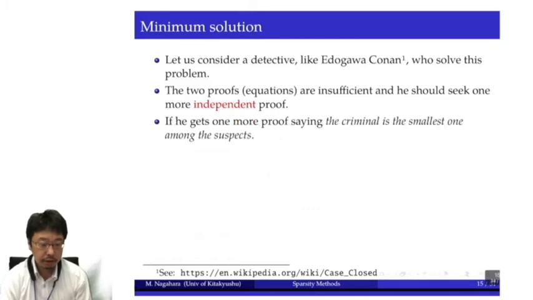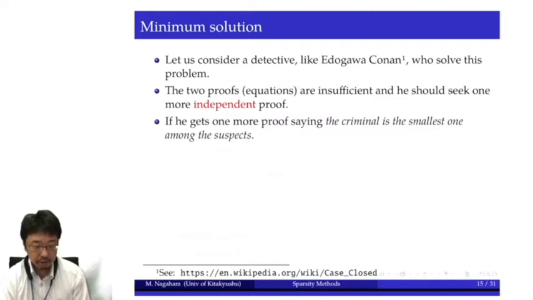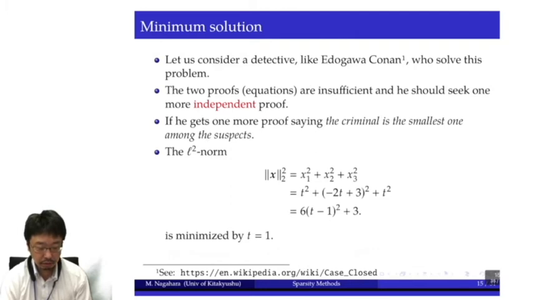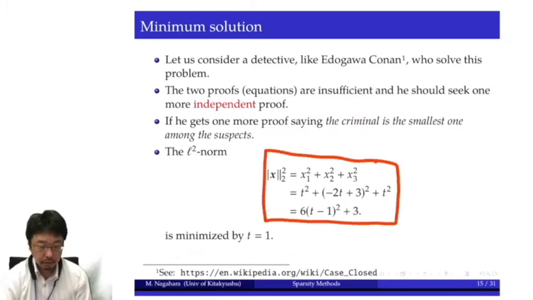If he gets one more proof saying that the criminal is the smallest one among the suspects, to try this, let us consider the L2 norm. The L2 norm of x is computed by using the parameter representation with t, like this. Then the L2 norm is minimized by using t is 1.